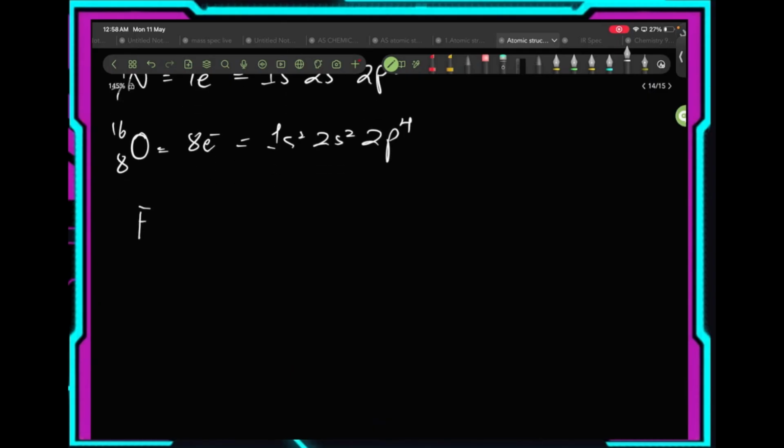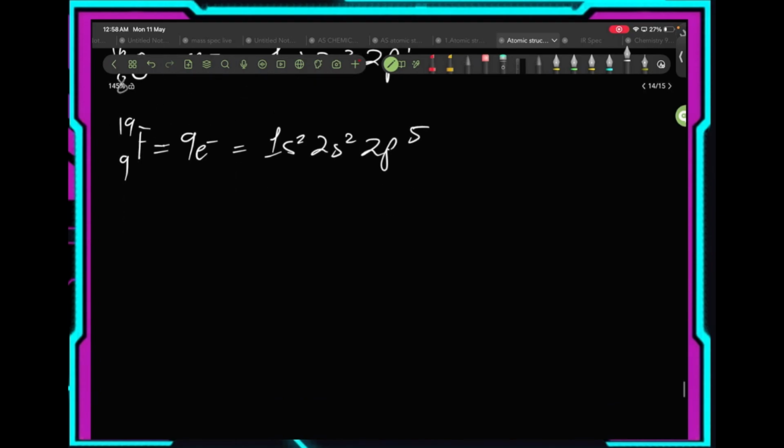Okay, then F 9 19, you have fluorine, 9 electrons. So 1s2, 2s2, 2p5. Then you have neon, 10 20. That's 10 electrons. So 1s2, 2s2, 2p6. Yep.